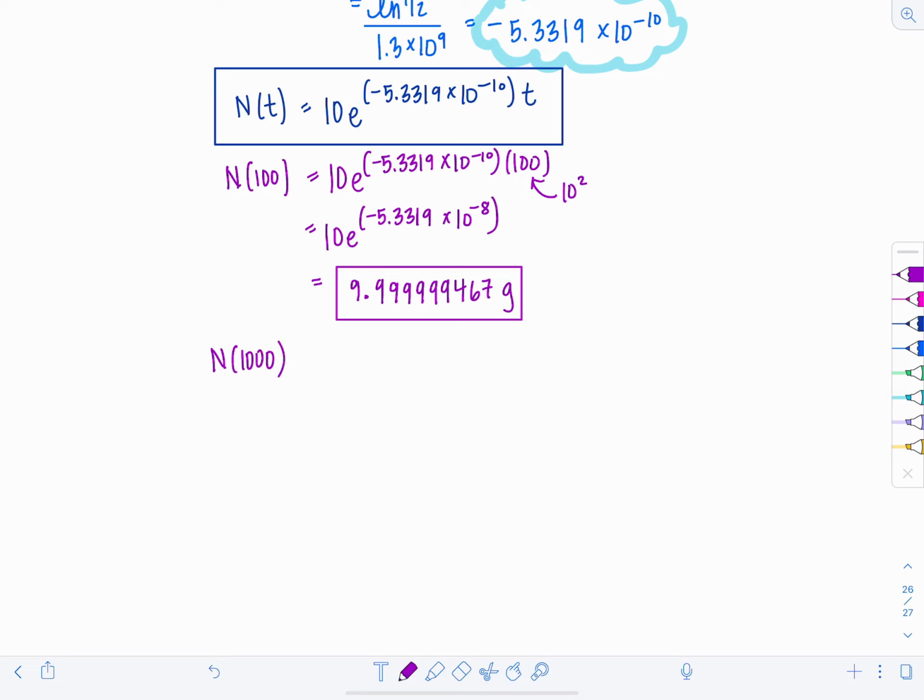So n of 1,000, that's going to be 10 times e to the negative 5.3319 times 10 to the negative 10th times 1,000. So that's 10 cubed. So this is 10e to the negative 5.3319 times 10 to the negative 7th this time.